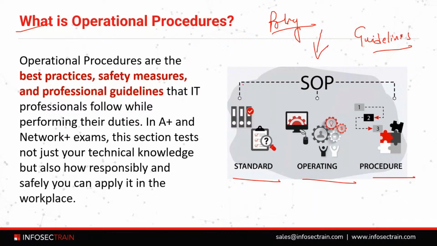Now if we take an example of an SOP, let's say there is a procedure for custom installation of software packages, like verifying the system requirements, validating the download source, confirming license validity, adding the software to change control or monitoring process, and developing support documentation, right?